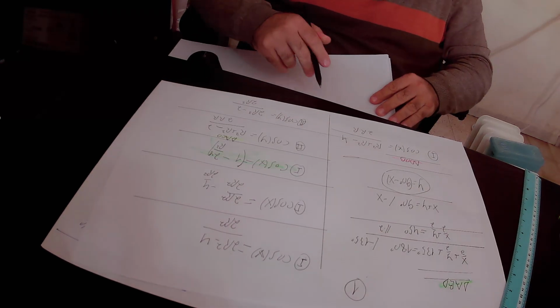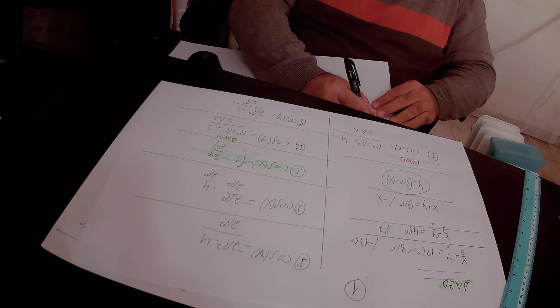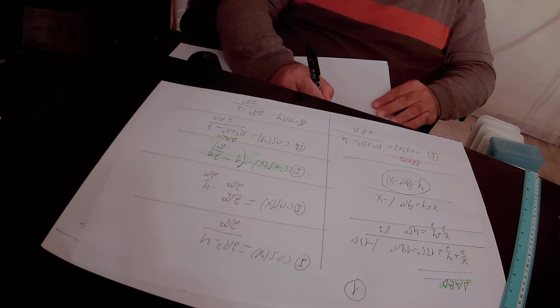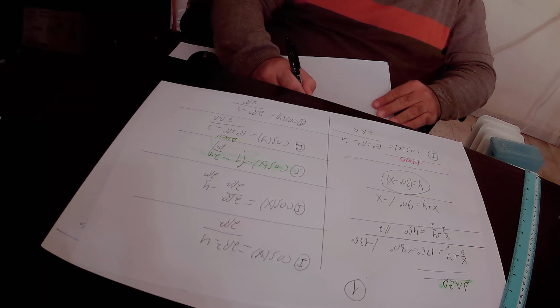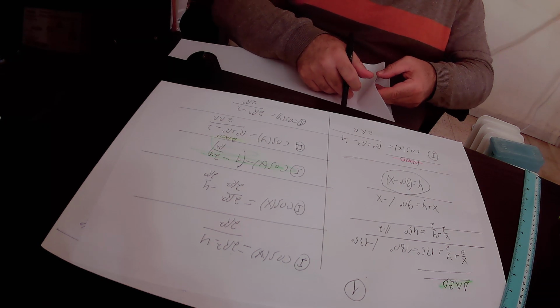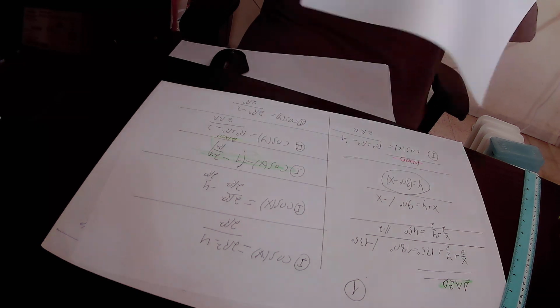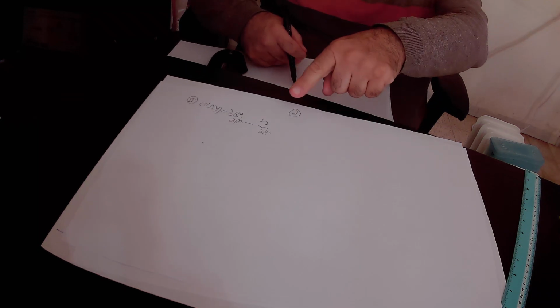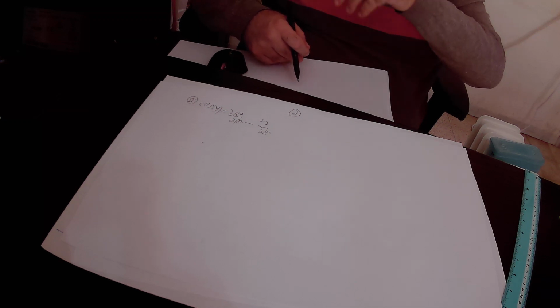The first part will be 2r squared over 2r squared, and the second part will be minus 2 over 2r squared.